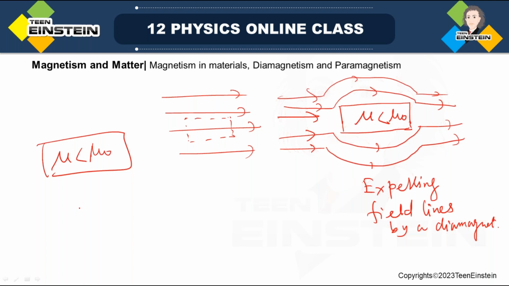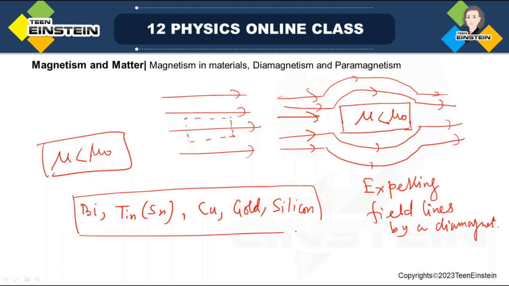I can give you some examples like bismuth, tin, Sn, then copper. These are some substances. Silicon, even gold. These are examples of diamagnets.